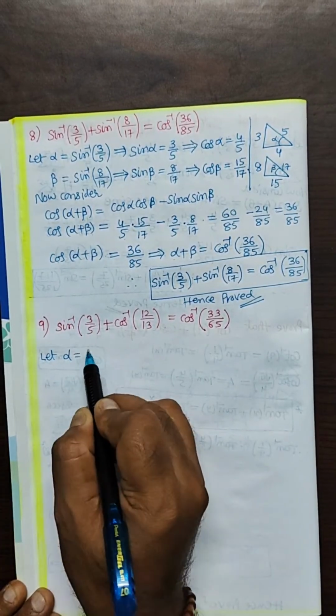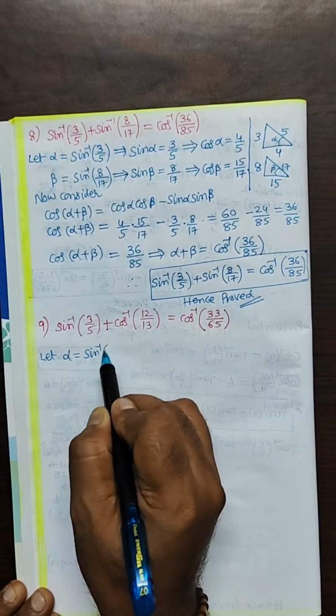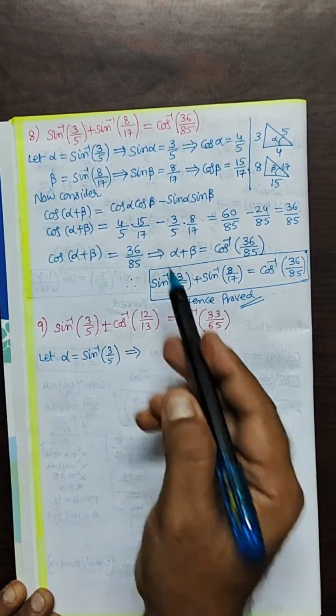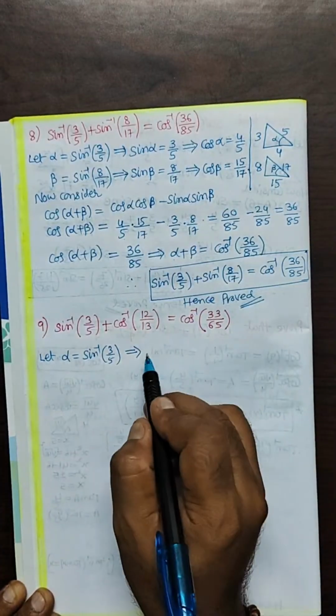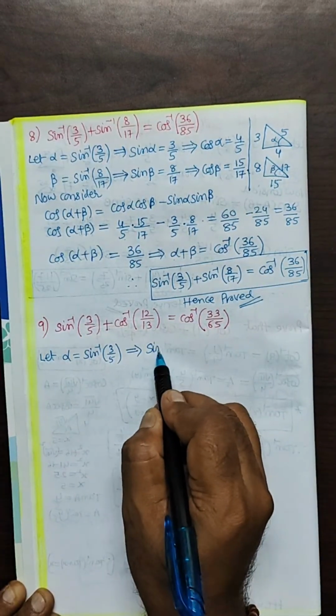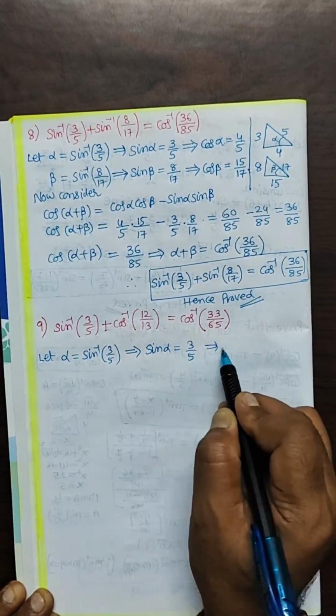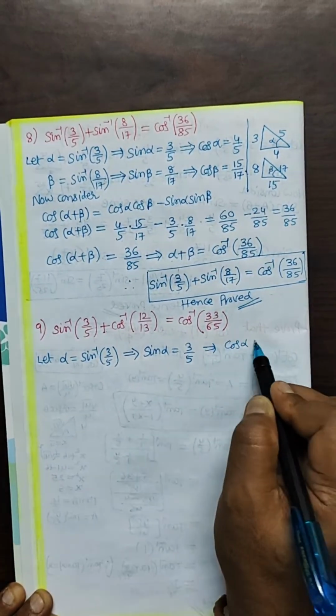Let alpha is equal to sin inverse of 3 by 5. That implies, so same thing only it comes now. So sin alpha is equal to 3 by 5. That implies cos alpha is equal to 4 by 5.